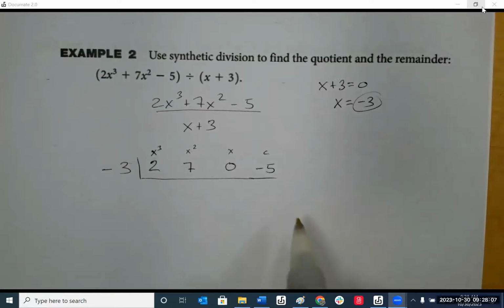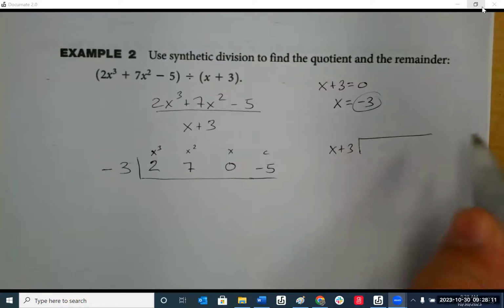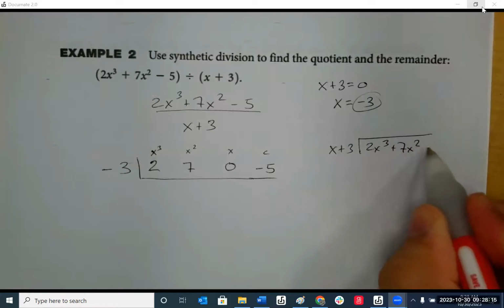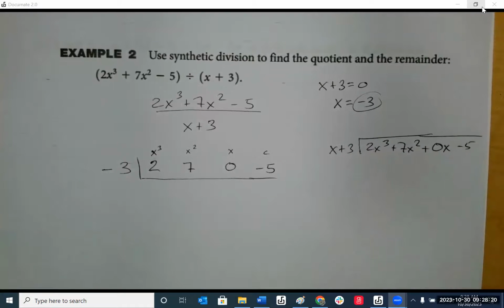Even if you were going to do long division with this equation, you would have to put a 0x in there. You have to allocate each of those columns for each of the variables. Bring the first term down and begin.